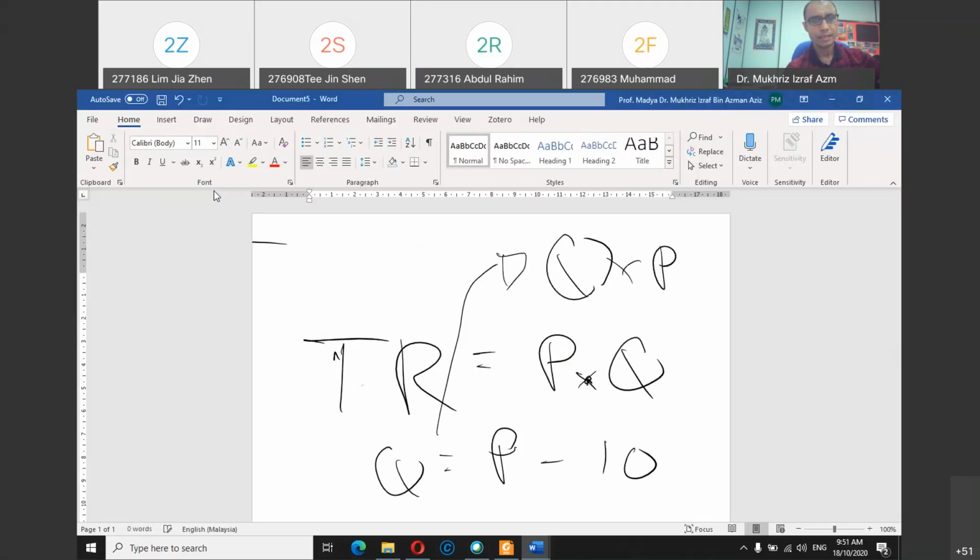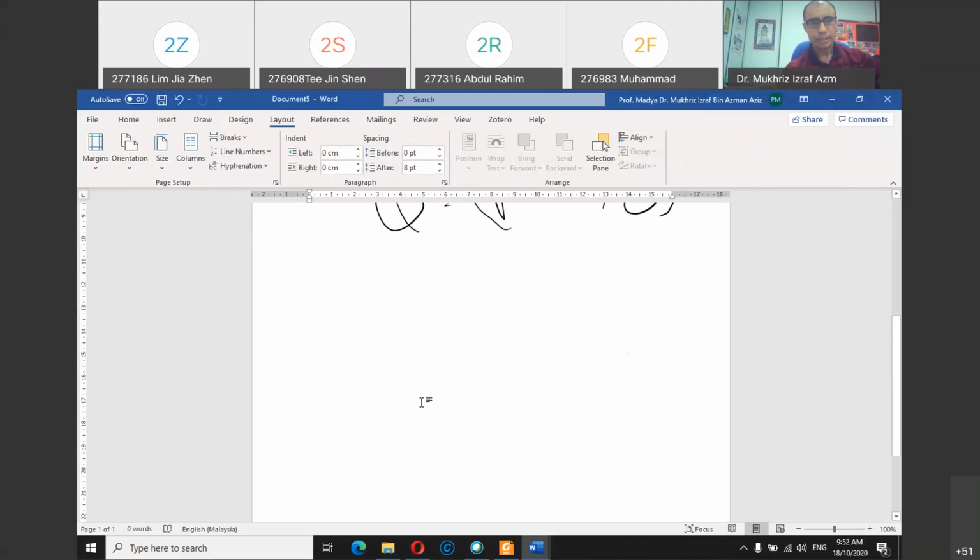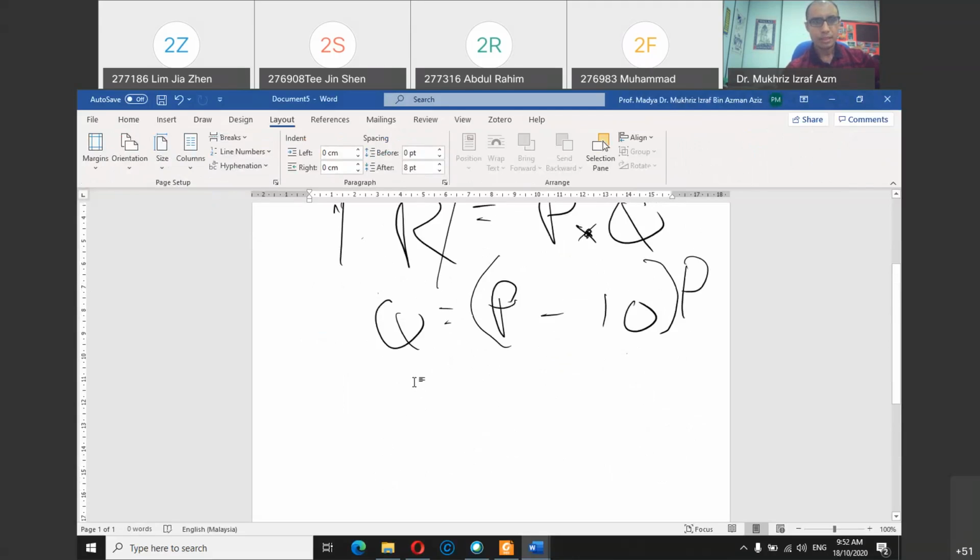But in applied economics, if you put Q multiplied by P, then to get revenue this way, Q is this whole term, P minus 10, so you need to multiply by P. So you get P squared minus 10P as the total revenue.